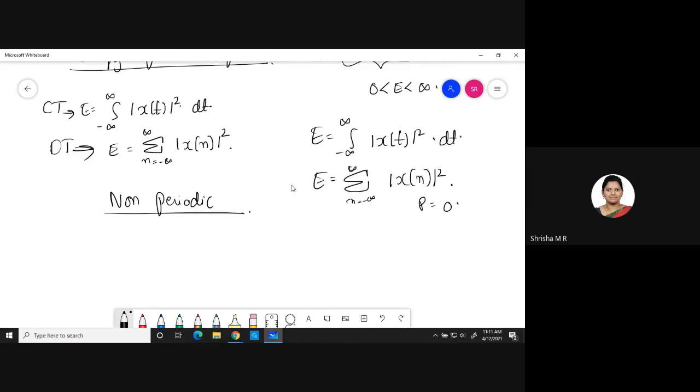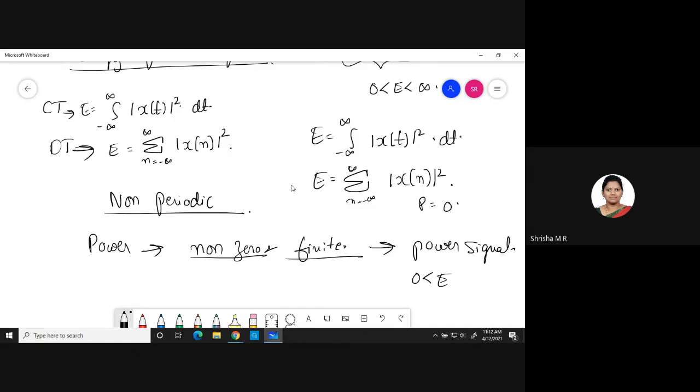So we'll come to power. The power of a signal is non-zero. If the power of a signal is non-zero and finite, then the signal is called a power signal, which means 0 less than P less than infinity.